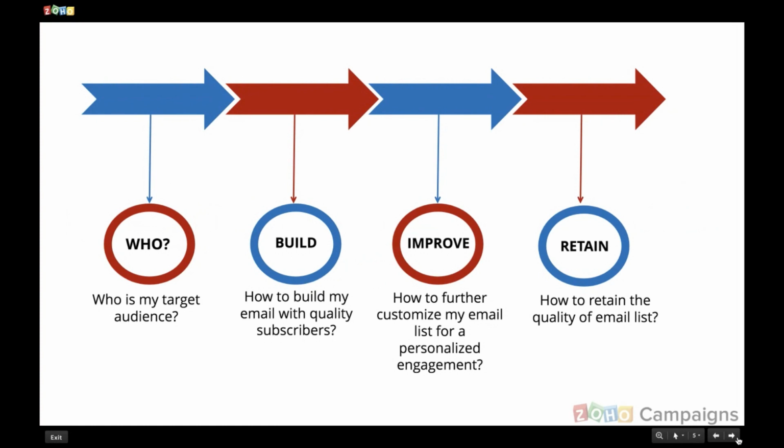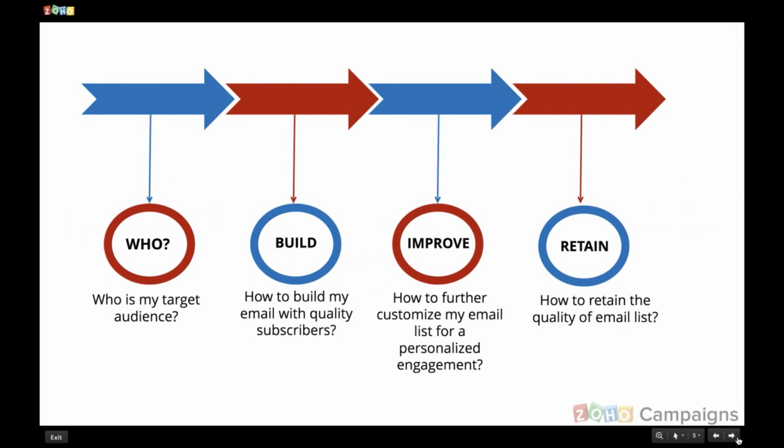When you're done with the first step, you move on to the next step, which is how to build my email list with quality subscribers. After identifying the audience, the next step is to build the email list with the help of quality subscribers. Quality subscribers can be built when you identify a quality audience, right? So this step depends on the previous step.